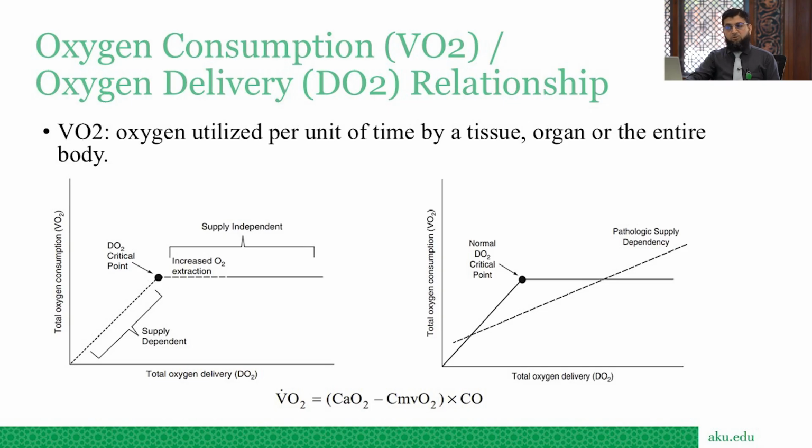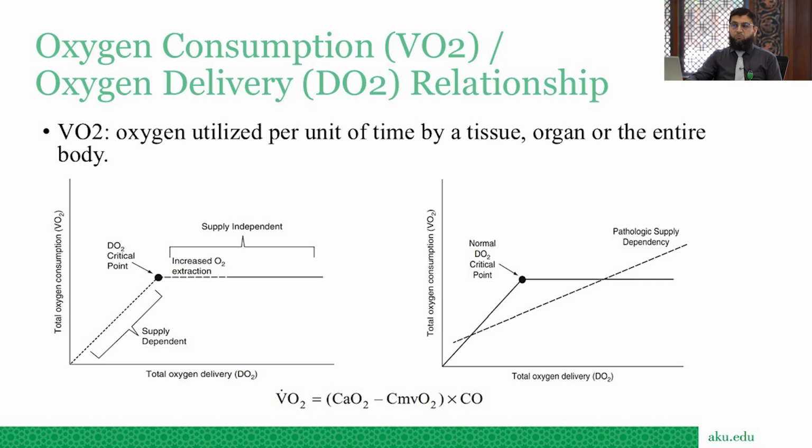That is in the normal circumstances, but in a pathological state such as shock, or in a state where the metabolic demand of the child is increased, as in ICU patients, the relationship is linear, and the critical point is shifted up and to the right. By increasing the oxygen delivery, it does not reach a critical point, and it continues to increase until you reach that critical point.